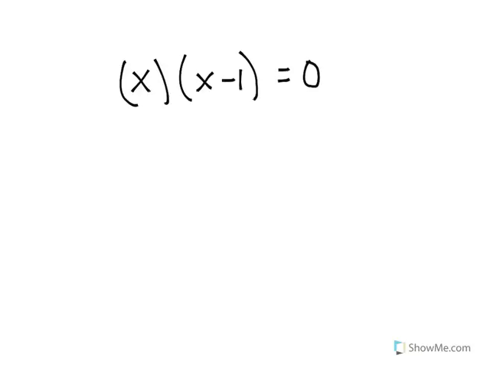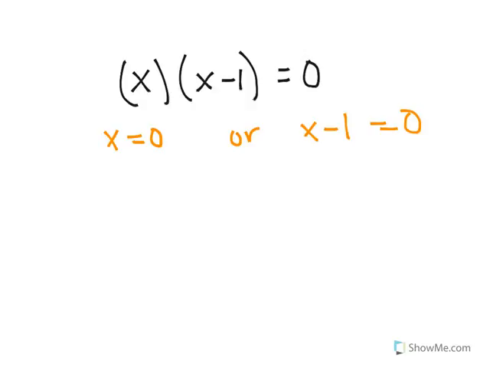Another example: we have two factors, again two quantities multiplied by each other, and they're set equal to 0. In this case, our first factor is simply x, so we know that one of our solutions could be x is equal to 0. Or the other factor, x minus 1, is equal to 0.